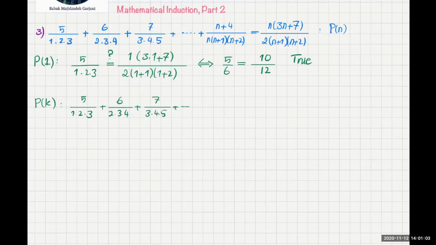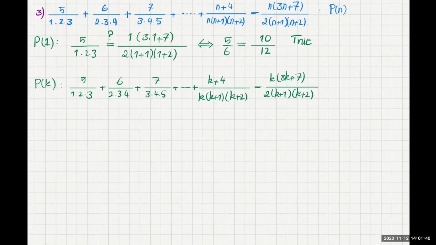It continues until I reach k, k plus 1, k plus 2. And on the right hand side, I will have this. k times 3k plus 7, and then I have 2 times k plus 1, k plus 2.